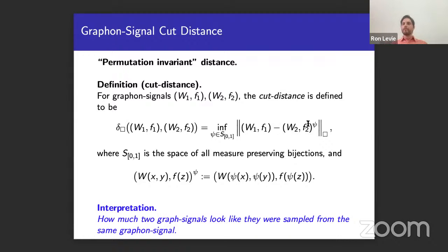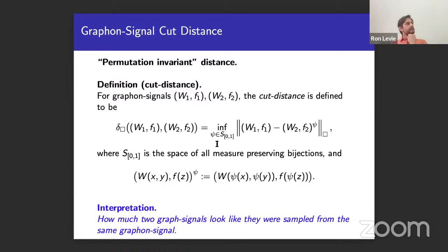So you take one of the graphon signals, you permute the nodes in such a way that the distance is minimized, and you take the norm. And the only thing is that because the node set is not discrete, you don't call it a permutation, you call it a measure preserving bijection. So it's a one-to-one function that preserves all of the measures. And this is how you model permutations in measure spaces.